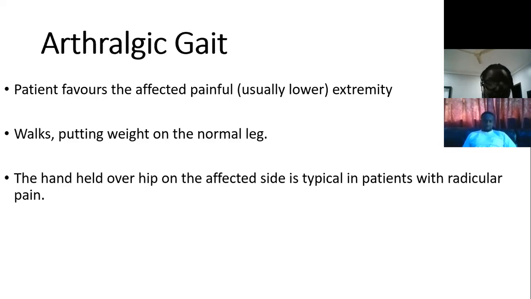So when they walk, you realize that there's a dip, and then they come back, and there's a dip, and then they come back. So that's arthralgic gait. So all these things about the gait can give you an idea of what is wrong with the patient just by looking at how they walk into your consulting room.